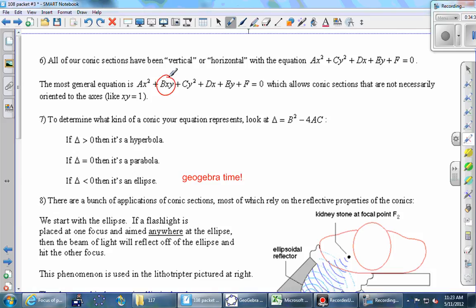So all the ones we've been doing didn't have an xy term, so that we could separate the x's from the y's and complete the square, just like you guys did on the quiz today. But it's quite possible it does have an xy term. I don't even know what that means in terms of trying to complete the square and make it look normal. But what effect it has is that it kind of rotates the shape, so it's no longer like left-right, like our hyperbolas were perfectly left and right, or perfectly up and down. Well, now they could be off at an angle, up right and down left. That Bxy is going to allow that kind of angular rotation.